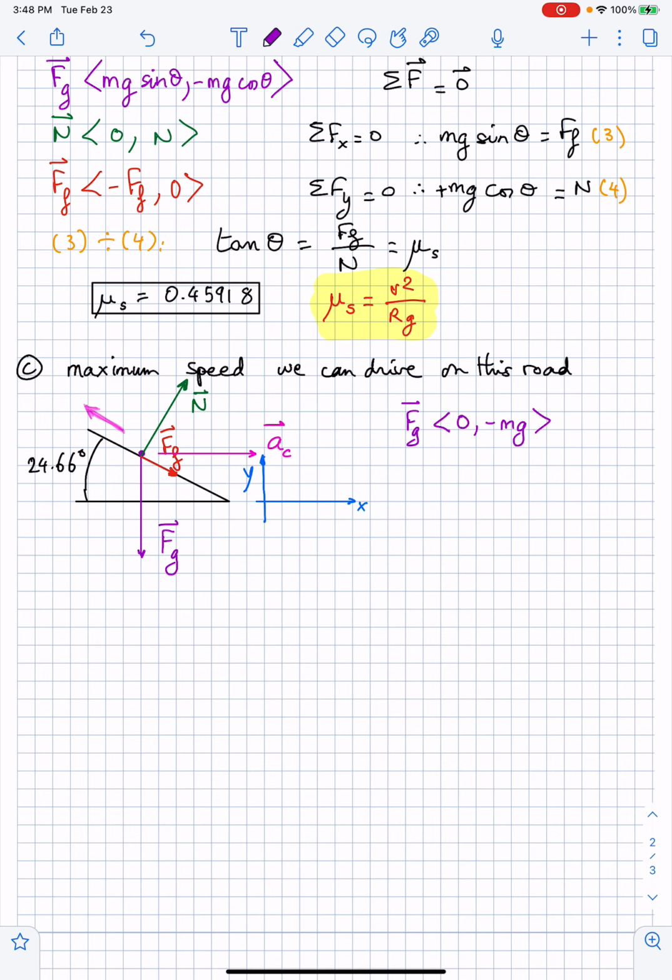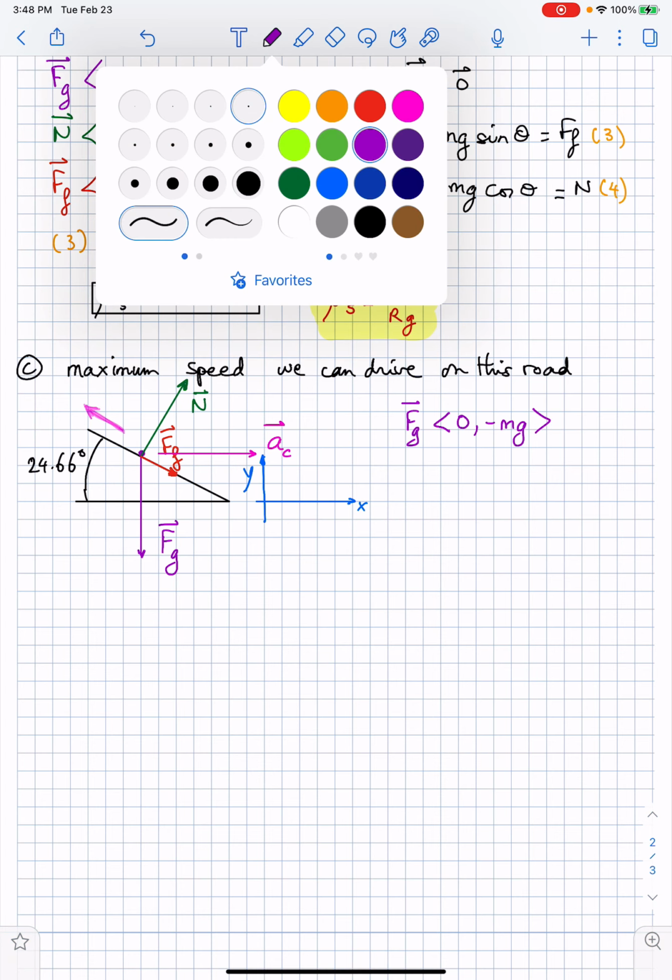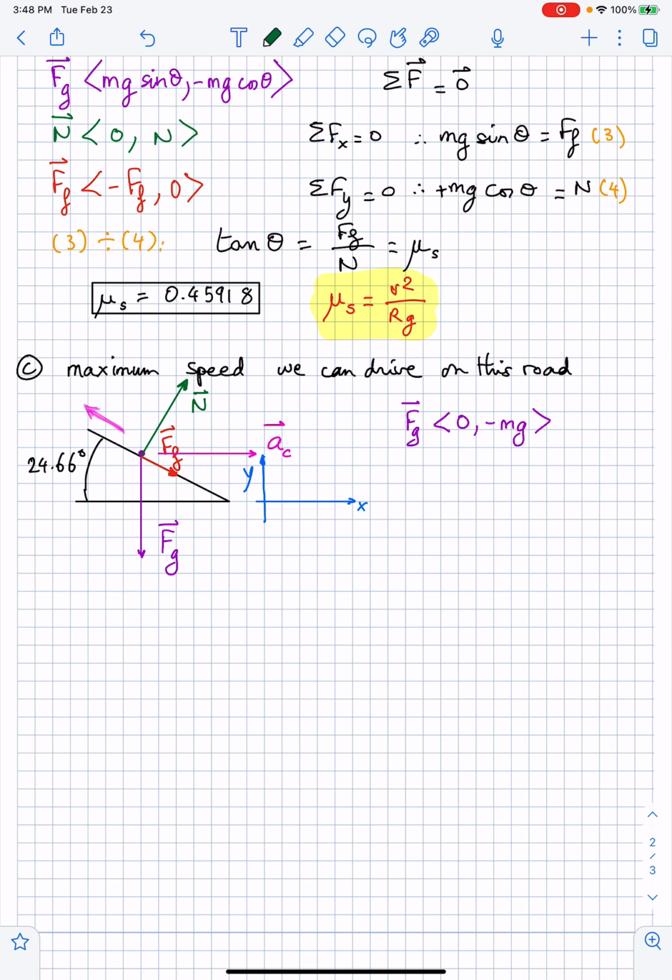Very good. The normal vector, this one is the difficult one, but it's okay because we did it already. It's going to be n sine theta in the x direction and n cosine theta in the y direction.